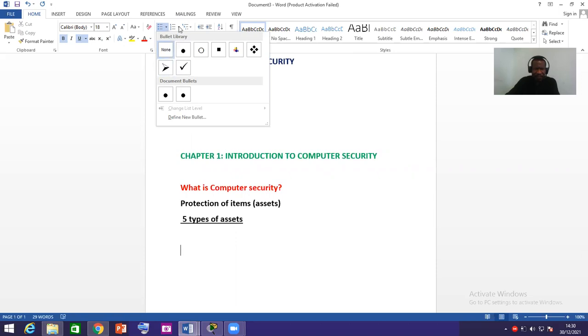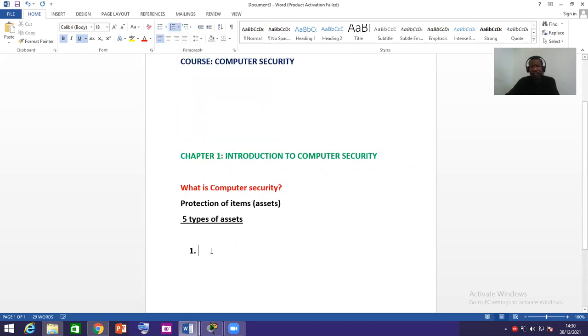What are those assets? Number 1, when you are dealing with computer security, you need to protect the hardware. Basically, computer security is the protection of hardware.